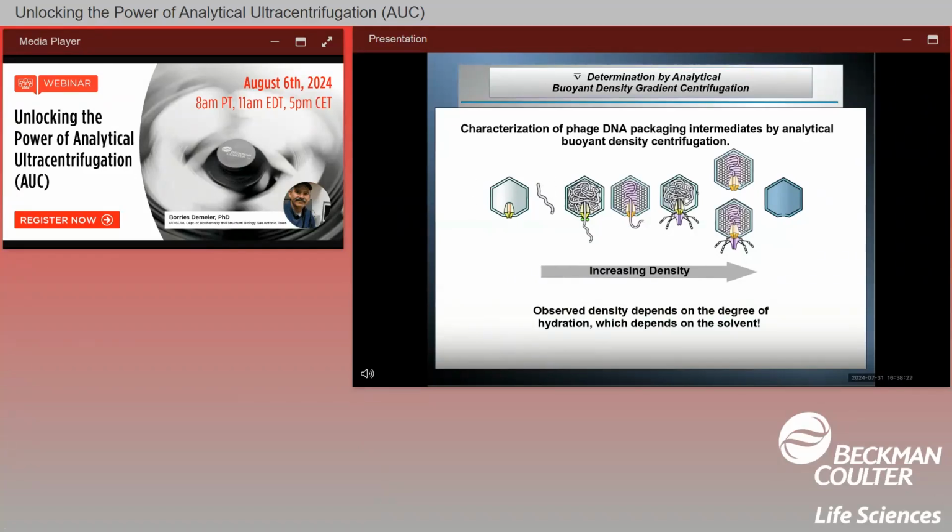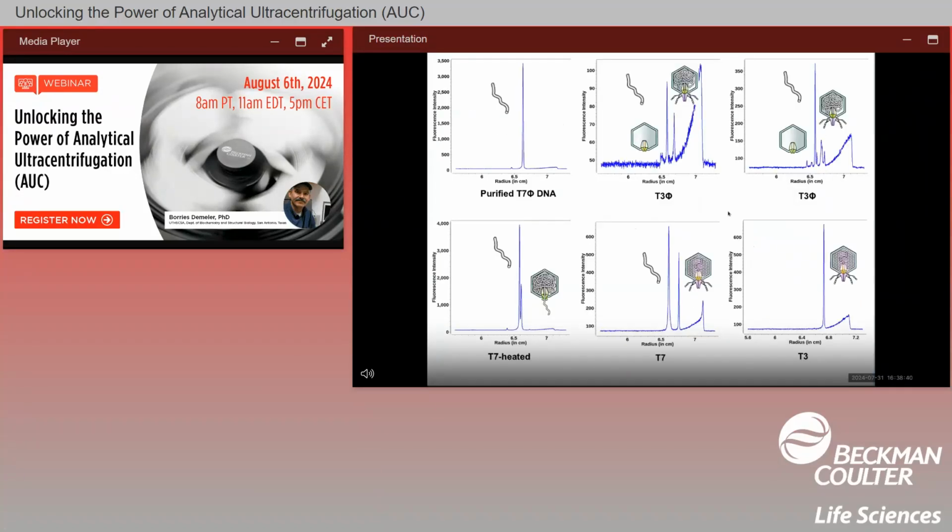And depending on what gradient material you use, you get different hydration, which then also is reflective of the solvent in which you're measuring, and it will determine where each one of these species goes in that final equilibrium gradient. So here's an example of the types of peaks that you can expect to see from a nicodenz buoyant density equilibrium gradient experiment that then gives peaks at different positions in the radial column here.